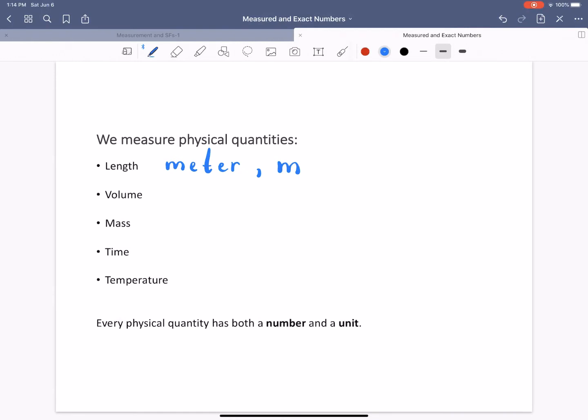We measure volume in units of liter, which is abbreviated with a capital L, or sometimes a sort of lowercase cursive L. We measure mass in grams, time in seconds, and temperature in degrees Celsius.